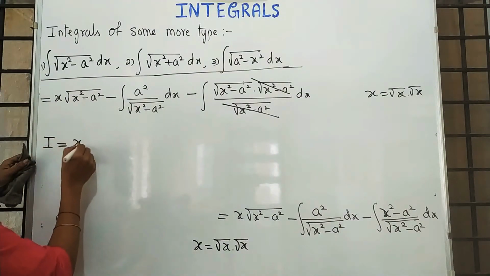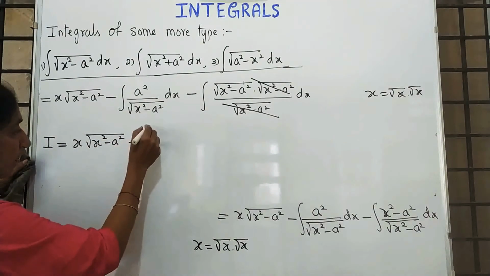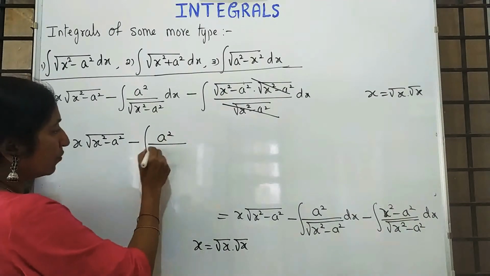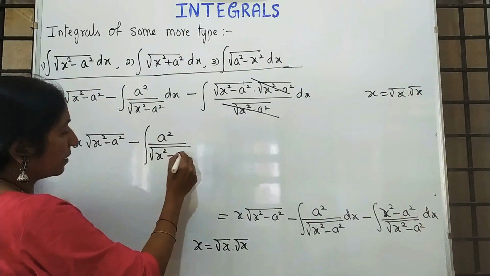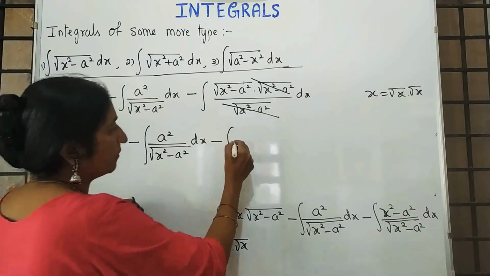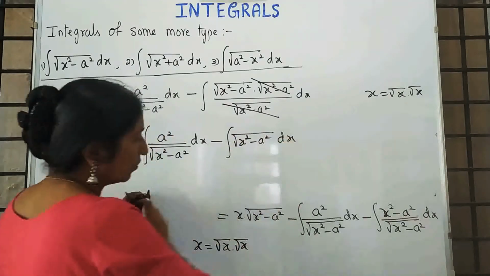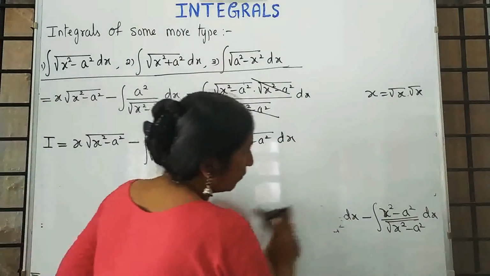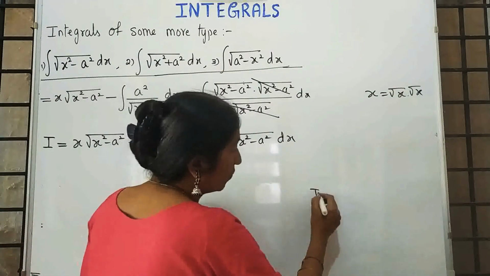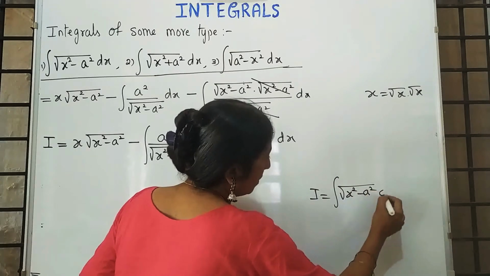I is equal to x into root of x square minus a square minus integration sign a square upon root of x square minus a square into dx minus integration sign root of x square minus a square into dx. Now go back and see what equation 1 is. Equation 1 is I equal to integration of root of x square minus a square into dx.